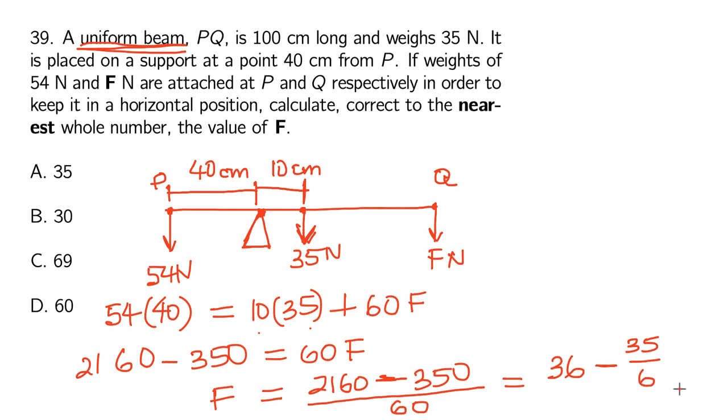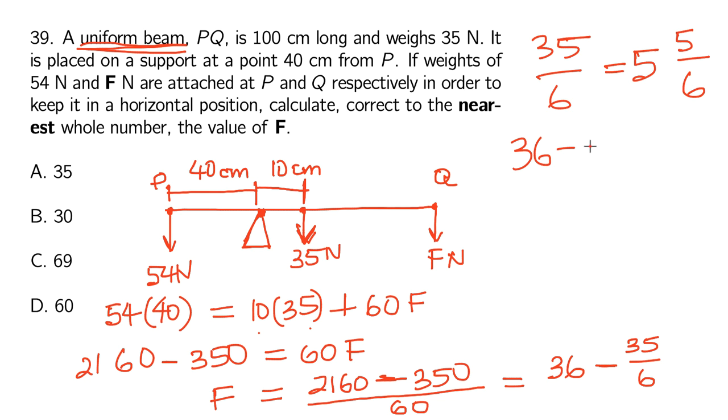Now 35 over 6 is equal to 5 and 5/6. So if we now have 36 minus 5 and 5/6, what does that give us? It gives us 31/6.